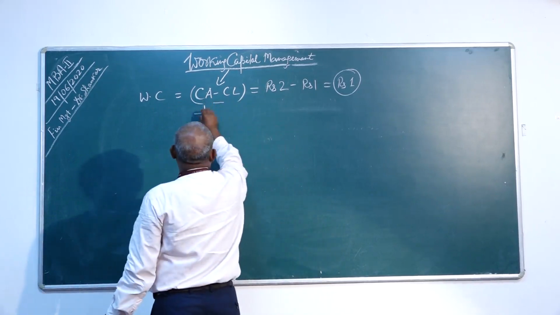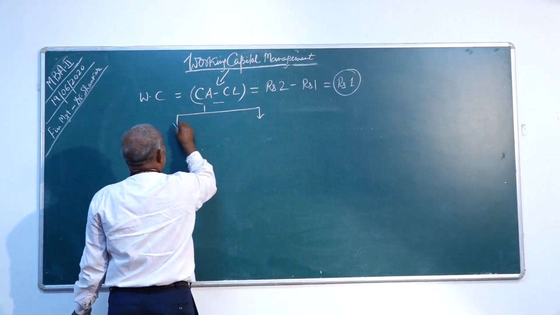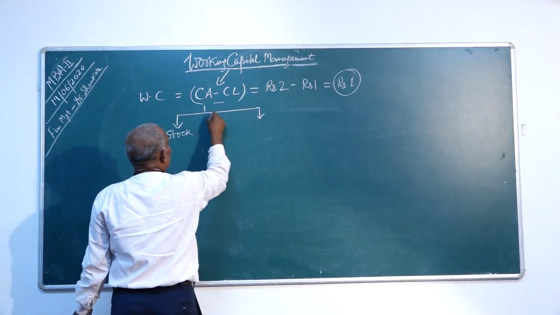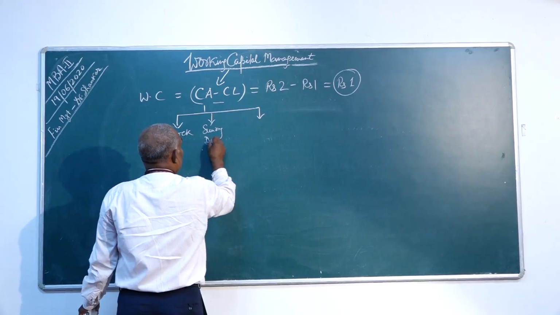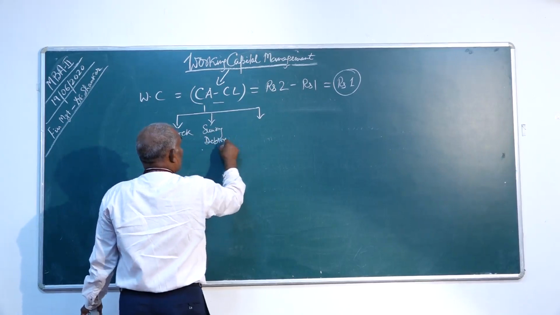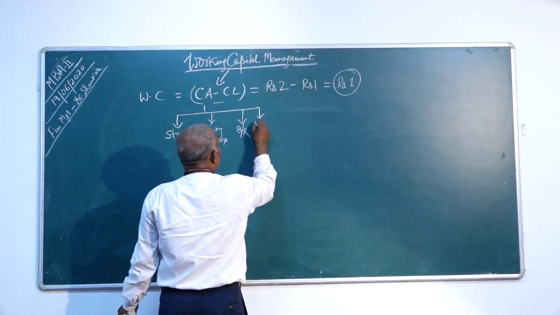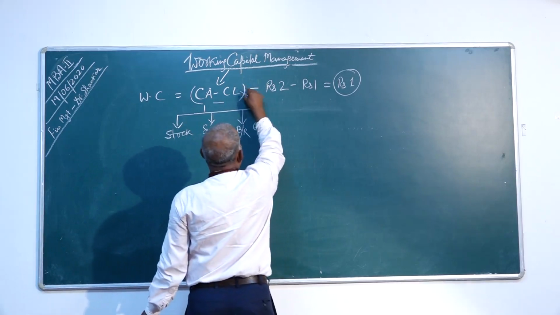If I segregate the current assets, they are segregated into stock, sundry debtors, bills receivable, and cash.